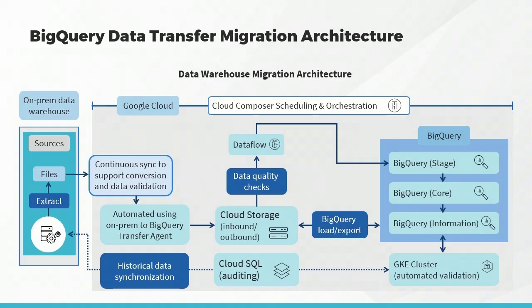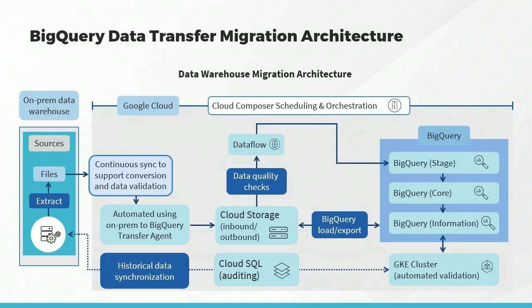Then we'll automatically use the on-prem to BigQuery transfer agent for those files and send them over to cloud storage, which is acting as our inbound or outbound. BigQuery will then do some data quality checks with Dataflow and either send them to BigQuery stage, or we can use this cloud storage as a BigQuery load or export directly into BigQuery as well. So there are a few different possibilities that we can use.